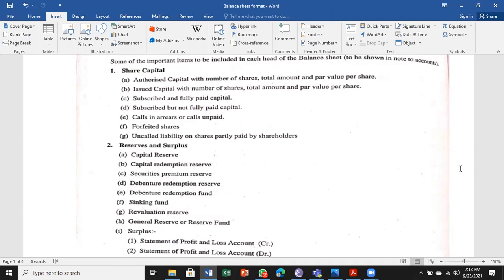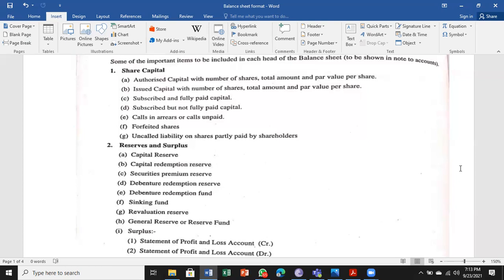If the public subscribes all the shares, it will be 10 crores subscribed capital, and money received in full is called up capital and paid up capital. Money not received will be called calls in arrears, or calls unpaid. Next, for forfeiture of shares, again when we do problems on issue of shares, I'll explain that. Just brief here. When the shares are issued, people don't pay money in full.